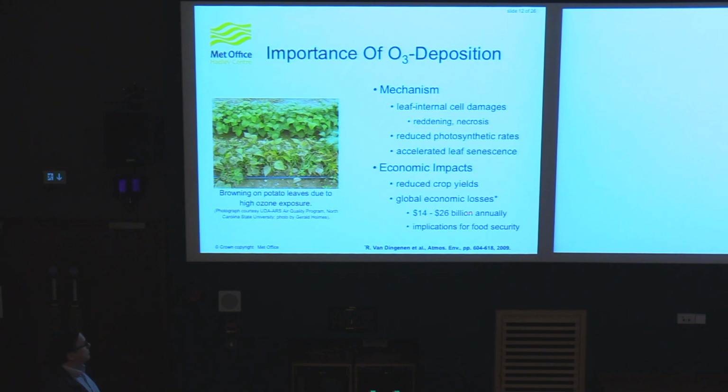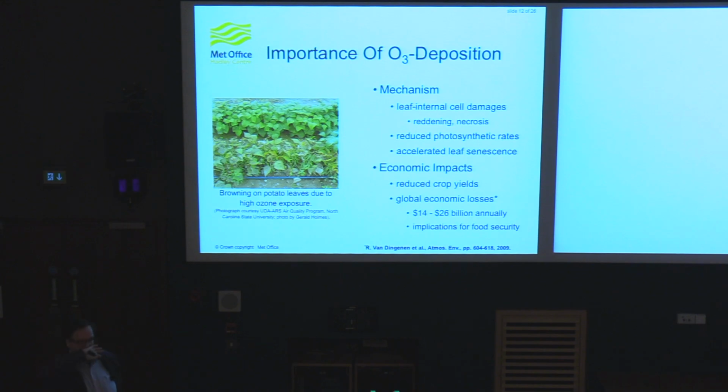And it is known for quite a while that ozone damage to crops, to agricultural plants, can cause severe economic damage of the order of tens of billions of dollars every year.